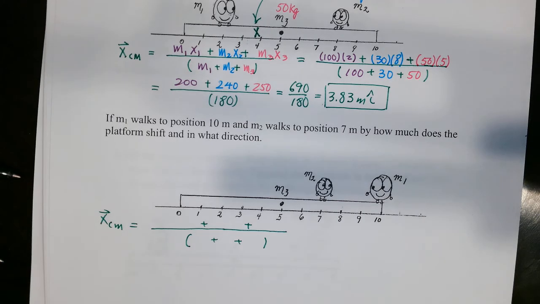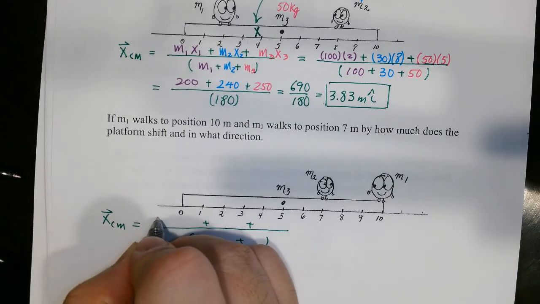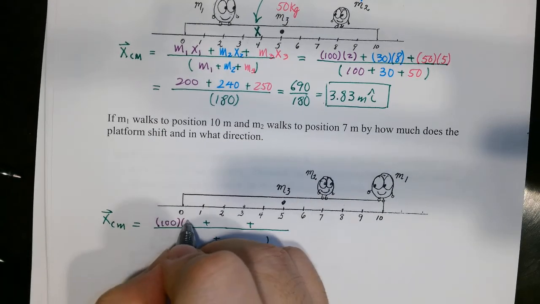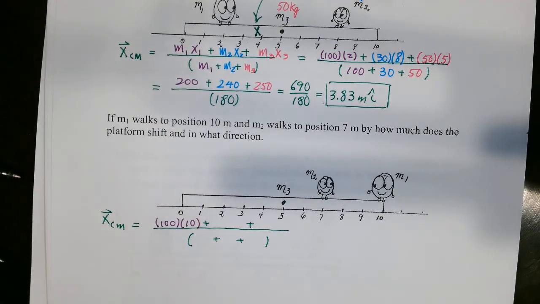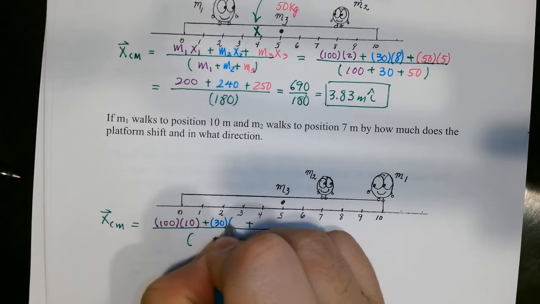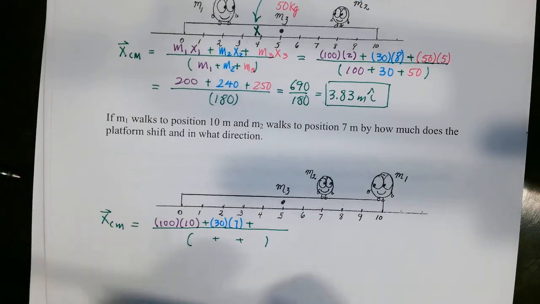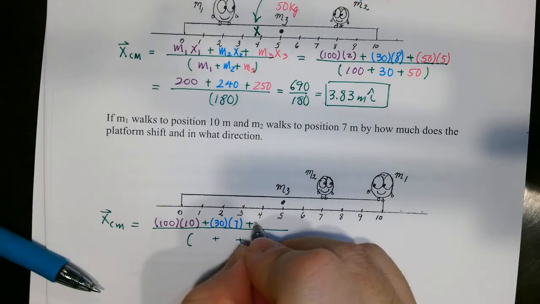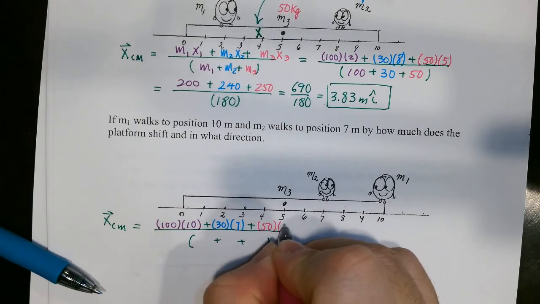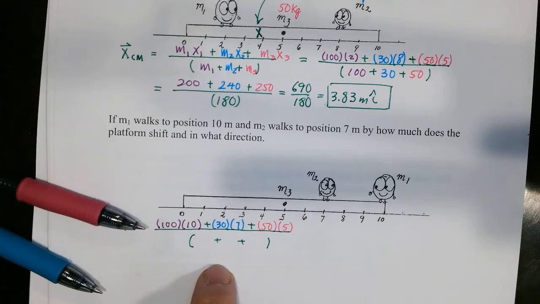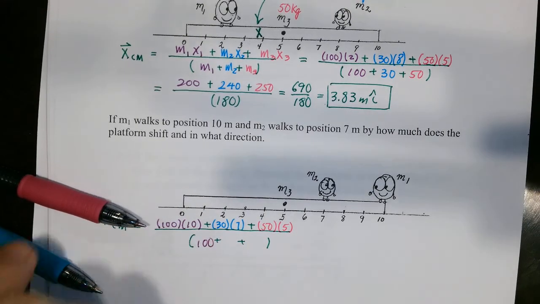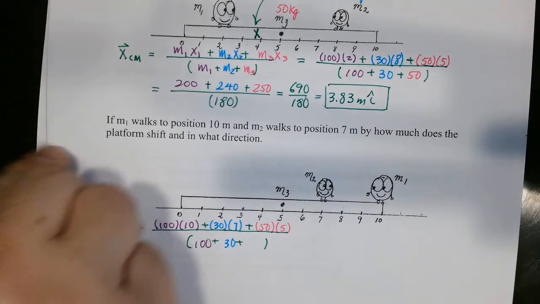So here I get m1, which is 100 times 10, and m2, which is 30 times 7, and m3 is 50 times 5. So at the bottom, you're still going to get 100, 30, and 50.